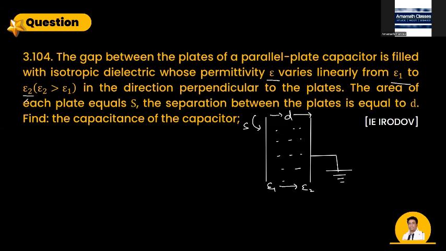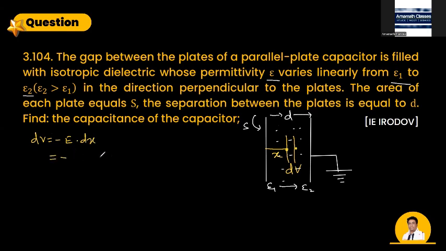At some distance x, I take a small separation dx, where the potential difference will be dV. We know that dV equals minus E dot dx. That's a famous relation, we have already discussed it a lot.